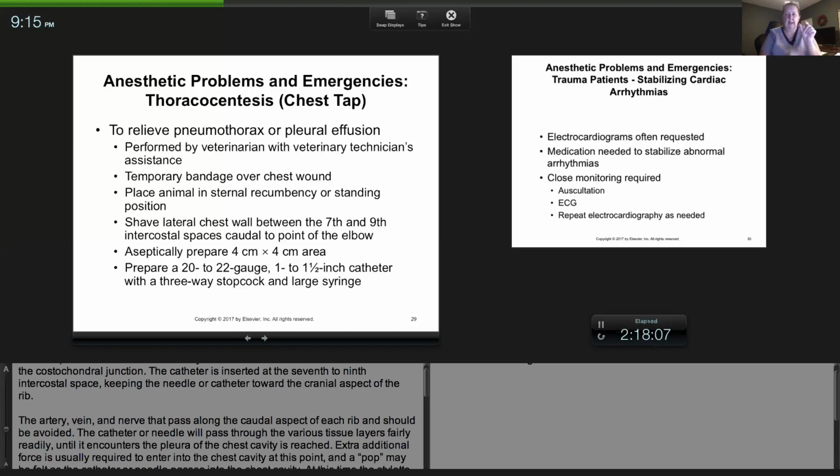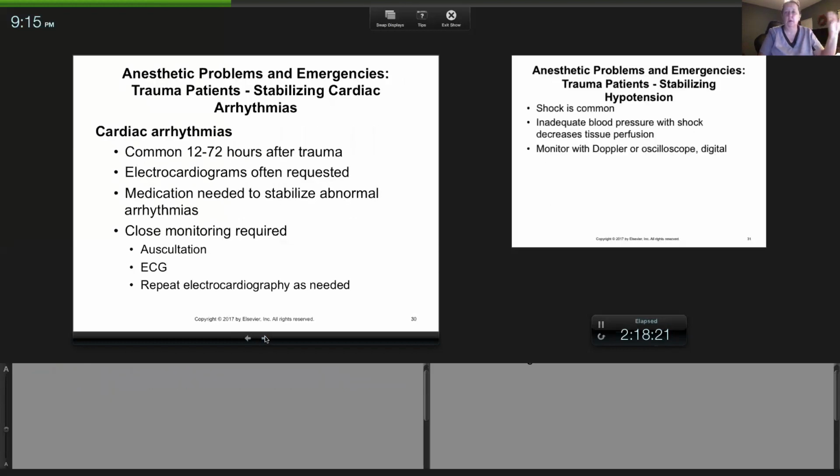This is 1.5 inches. You're going to need probably at minimum a 2 to 3-inch catheter, and like he said, he used a 5-inch catheter, and a stopcock. Now it's too hard to explain. I'd rather find a video for you to watch.